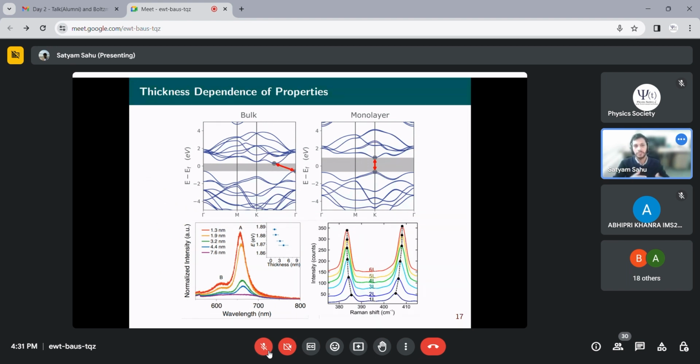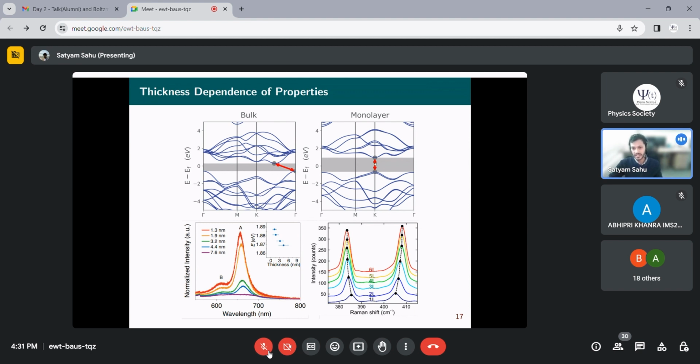Materials in bulk are mostly indirect bandgap semiconductors. But when you exfoliate them to monolayers, the maximum of the valence band and the minimum of the conduction band shift to the same position, which is at the K point, and it becomes a direct bandgap semiconductor.